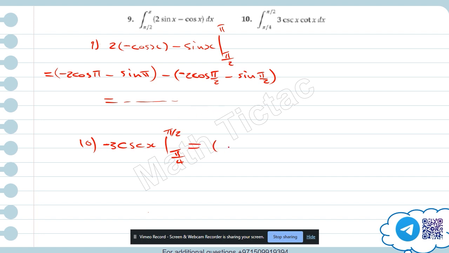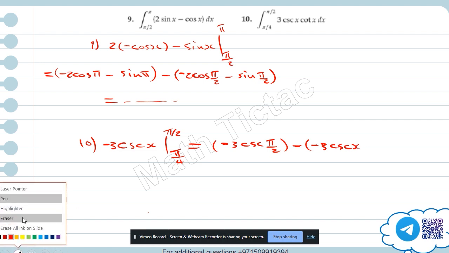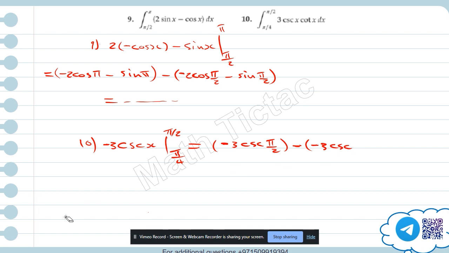So now the substitution of the upper: minus 3 cosecant pi over 2, minus the substitution of the lower, not x, this is pi.